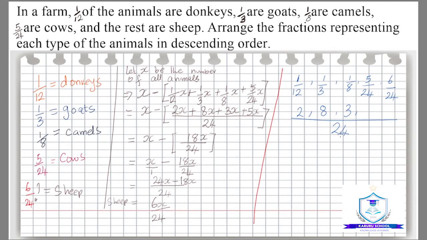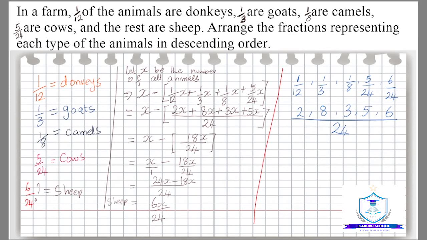Then put another comma here. 24 divided by 24 gives us 1, multiplied by 5 gives us 5. Put a comma. 24 divided by 24 multiplied by 6 gives us 6. Now, since each of these numbers is representing a particular fraction, we will use the numbers to help us arrange the fractions in descending order.